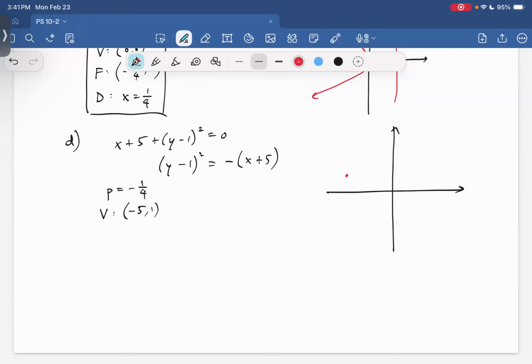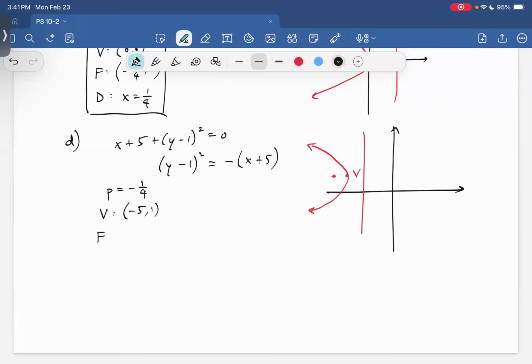And it's horizontal opening left. So it has to look like that. Which means that the focus must be here and the directrix will be here.